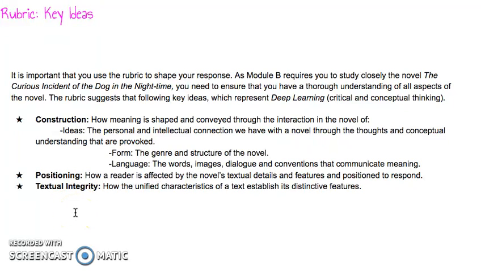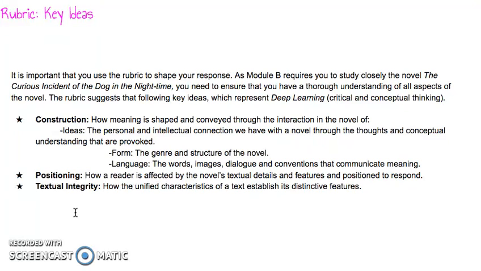So these are the 3 important parts of the rubric that you really need to consider. So the first one being construction. How meaning is shaped and conveyed through the interaction in the novel of ideas. So the personal and intellectual connection we have with a novel through the thoughts and conceptual understanding that are provoked. Form. Now we know that this particular novel is written in the form of prose, which is really important for how Mark Haddon creates meaning and affects the reader, and also the structure of the novel.